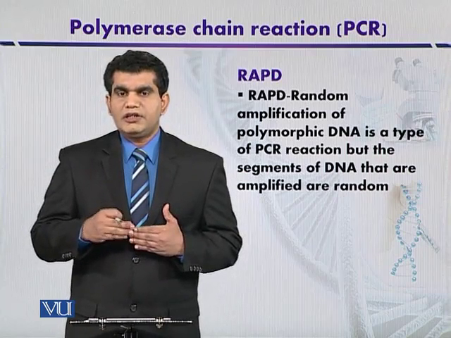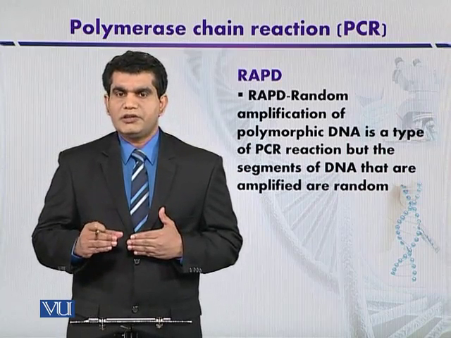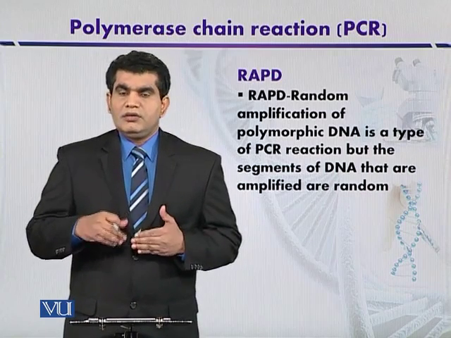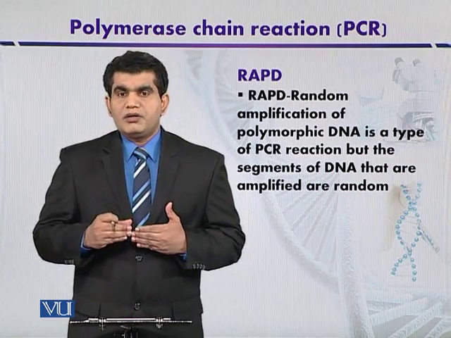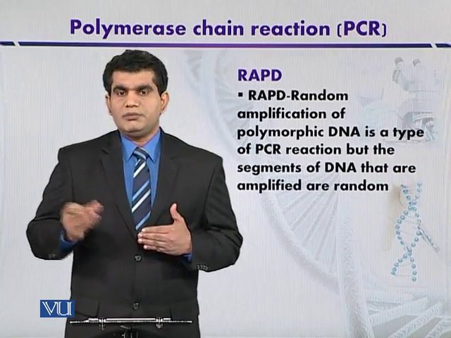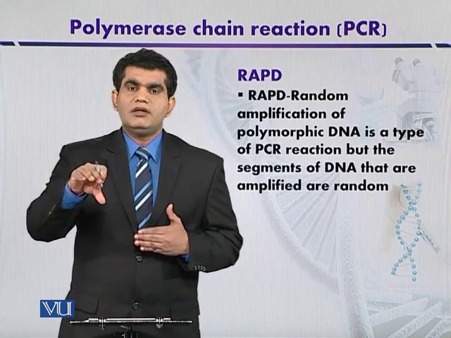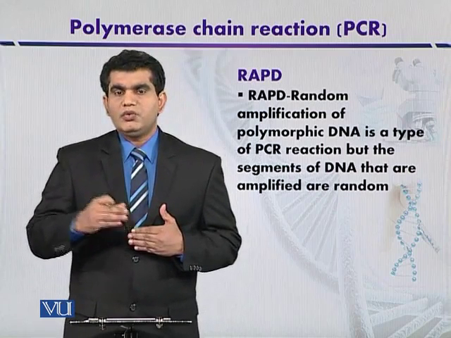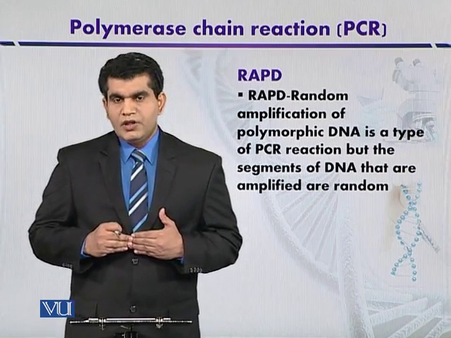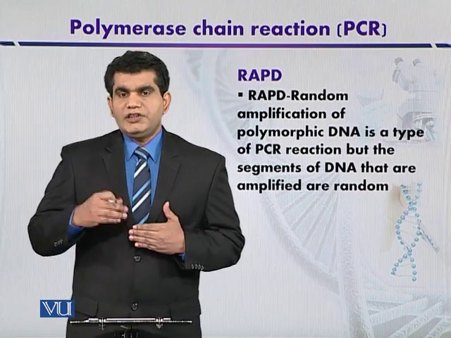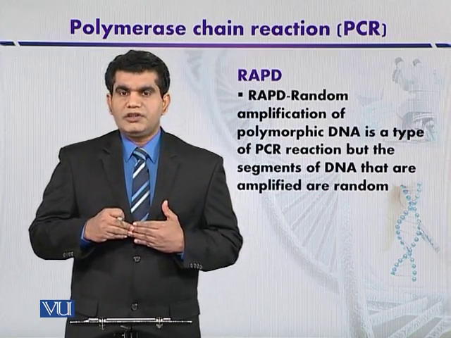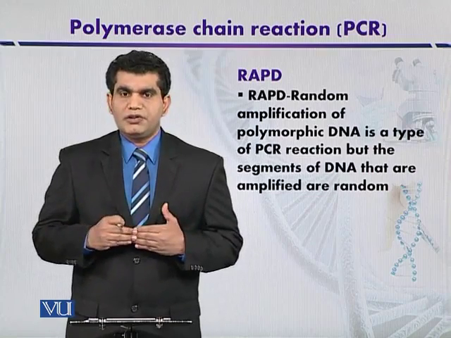It is not necessary that the second time we will get the same banding pattern as the first time. The reason may be that during the passage of time mutations may occur within the genome of that organism, so that the target site for the primer is missing. It is annealing at another location within the DNA, so you can get a different banding pattern next time. So that's why its sensitivity or reproducibility is not sufficient in order to find evolutionary relationships.